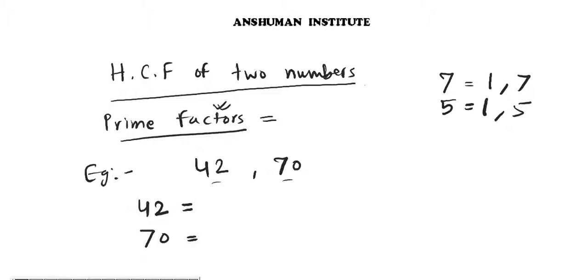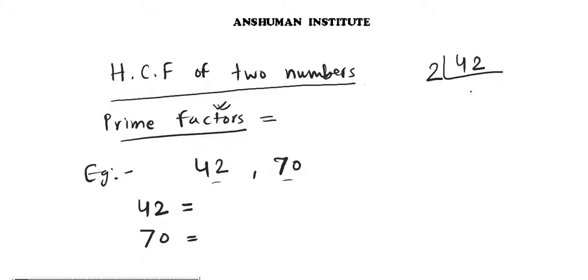So let's factorize these two numbers. First we will factorize 42. So we see 2, 3 and 7 are the prime factors because these are prime numbers as well.